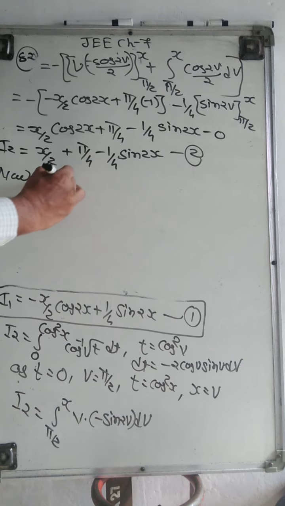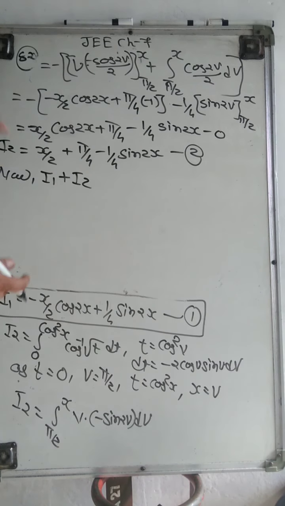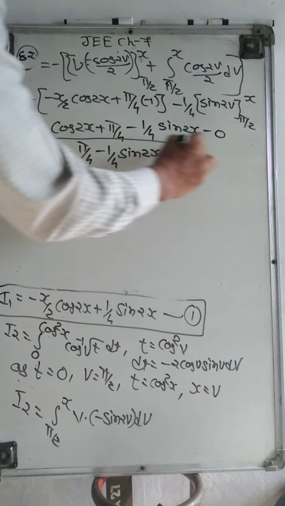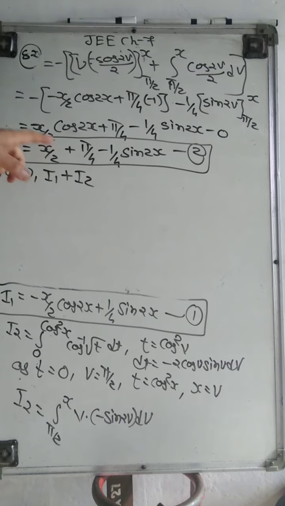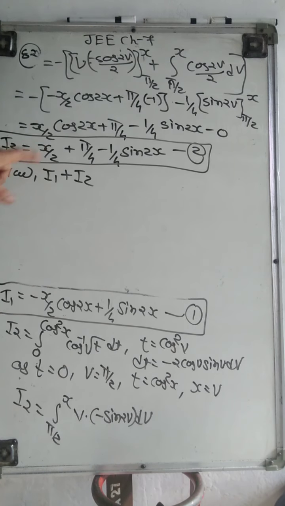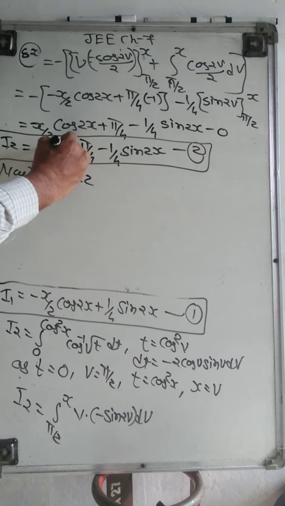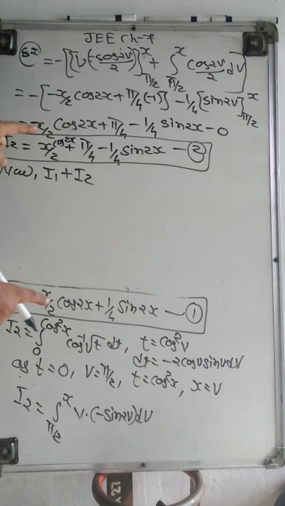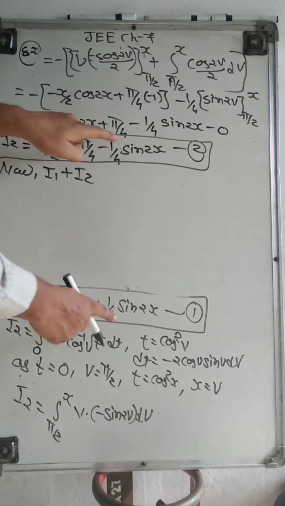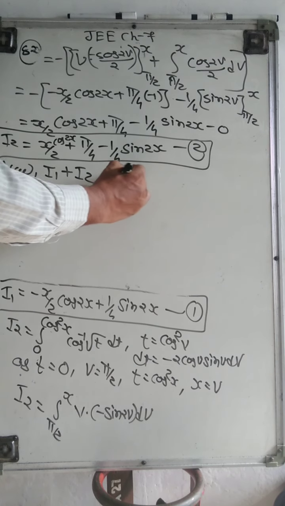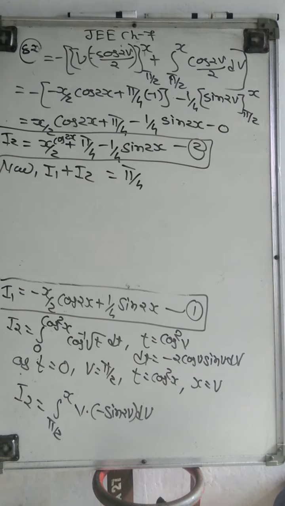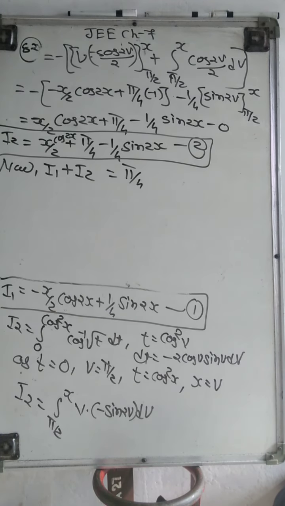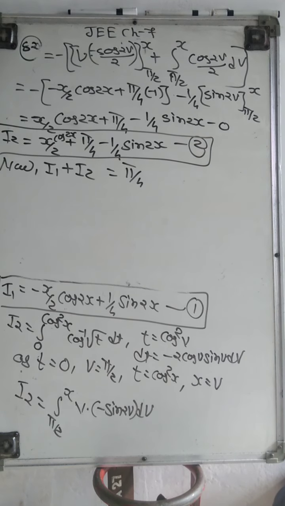Now I1 plus I2, we just add these 1 and 2, and you know that these two are opposite. Here cos 2x is left. So these two are opposite and cancelled. These two are also cancelled. So only pi by 4 is our answer. So this way we can obtain the answer, pi by 4.